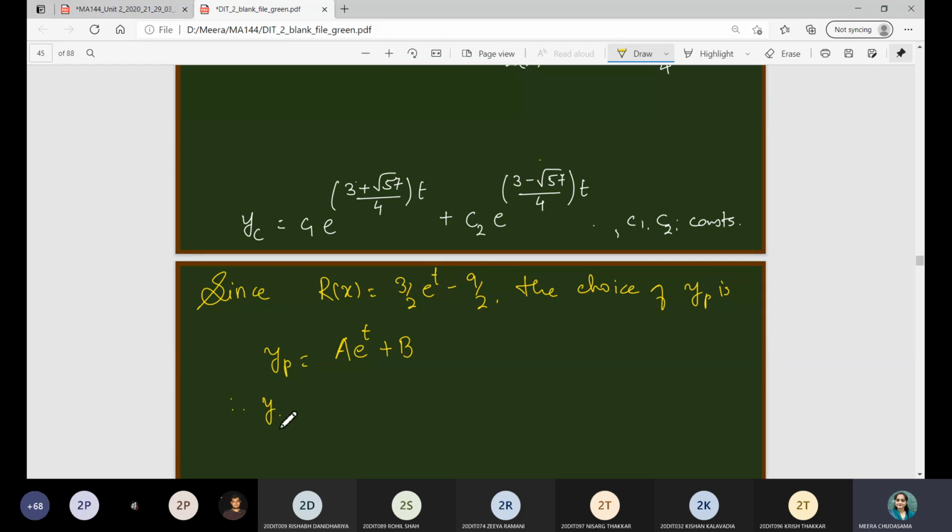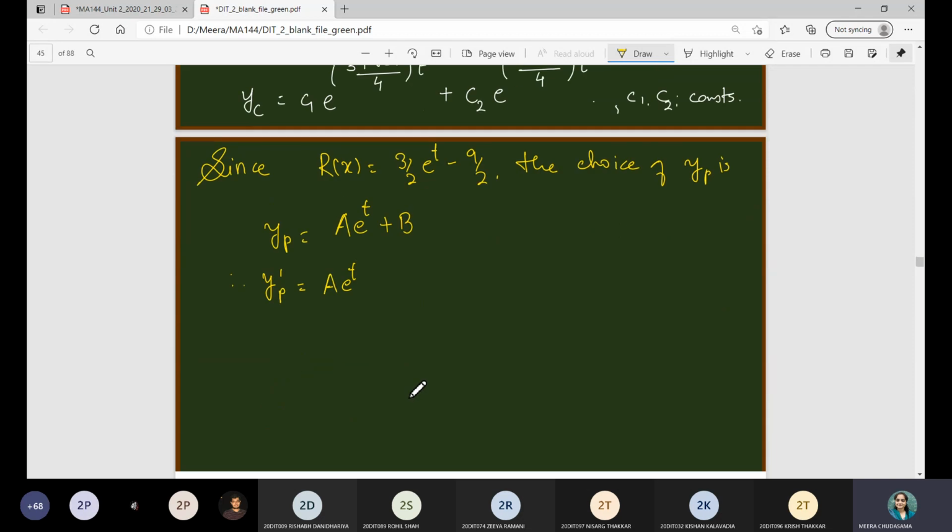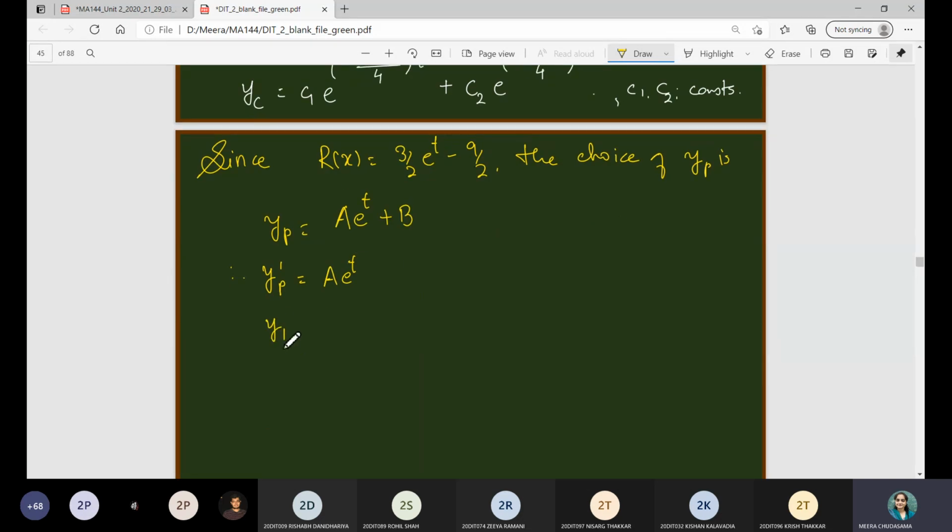So therefore the derivative I have to consider. So e raised to t derivative is e raised to t, constant quantity derivative is 0. Yp double dash will be same as the previous one because it is involving exponential functions.